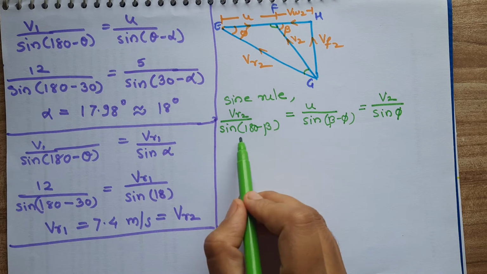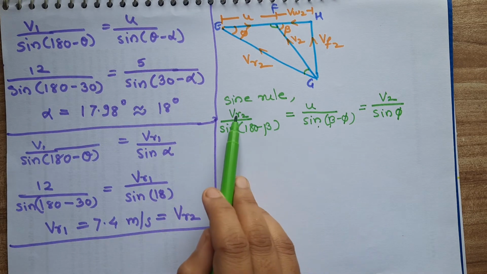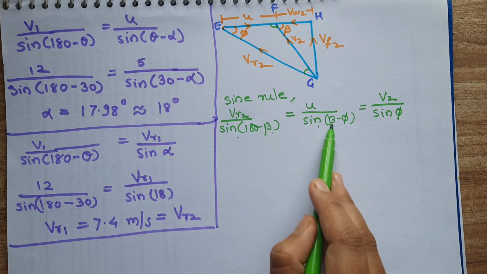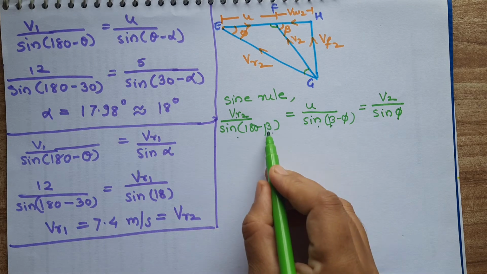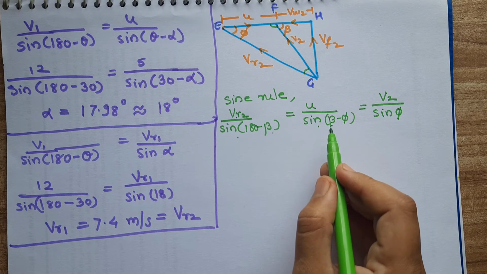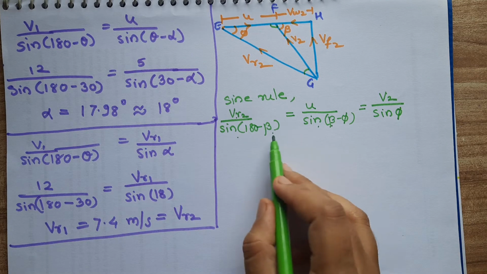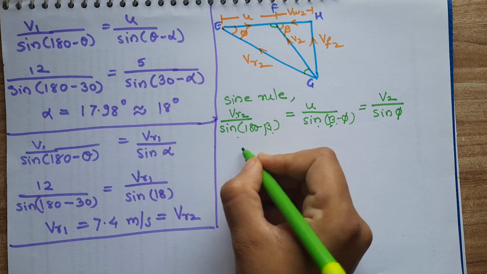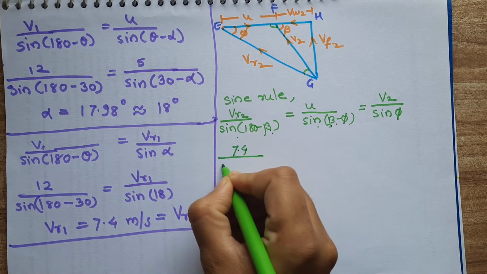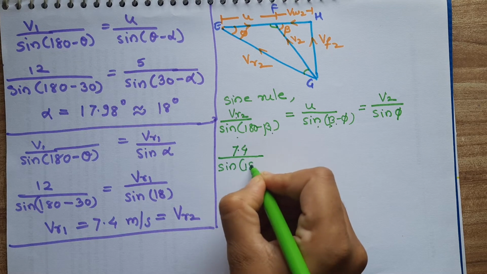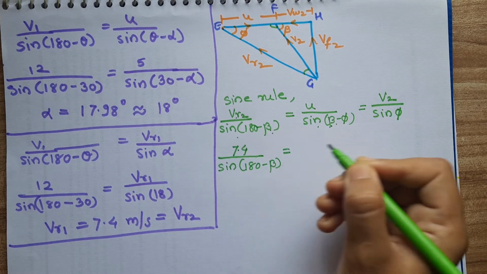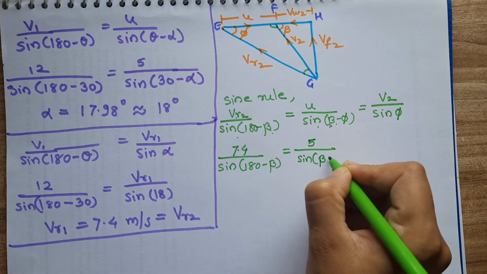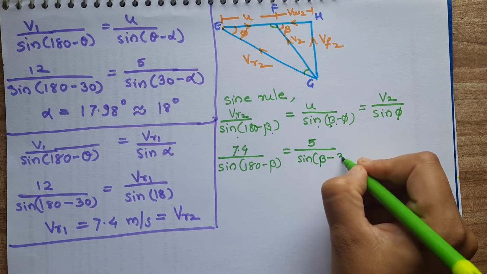Now if we take these two equations, VR2 is known to us, U is known to us, beta is not known, but phi is known to us. So we can find beta. From the question we are also supposed to find the direction, that means beta. So let's put the values. 7.4 divided by sine of 180 minus beta equal to 5 divided by sine of beta minus 30.